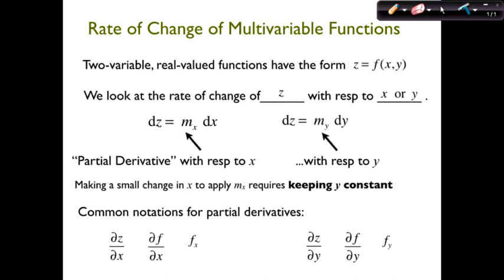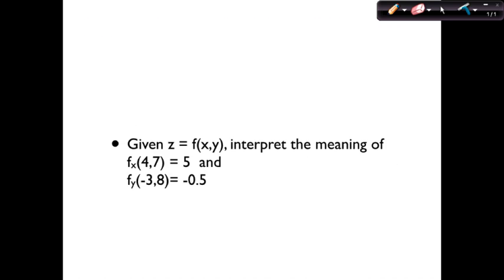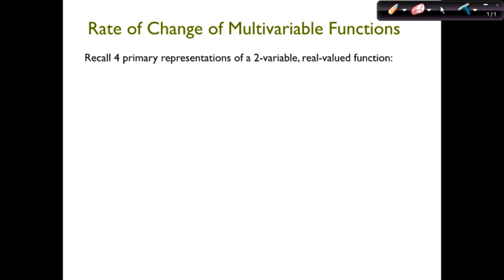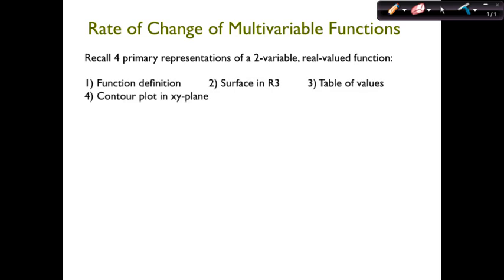So all those 4 representations, we can investigate and look at partial derivatives in the lens of those different representations. So recall the 4 primary representations. We've talked about them here. And so we're going to determine and analyze partial derivatives in each of these contexts.